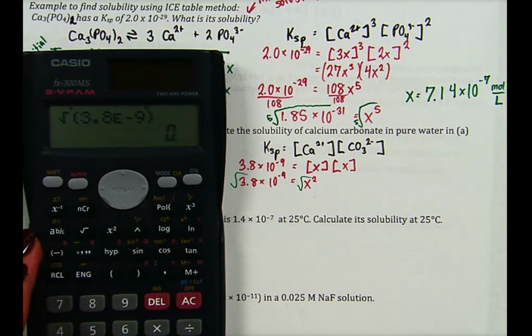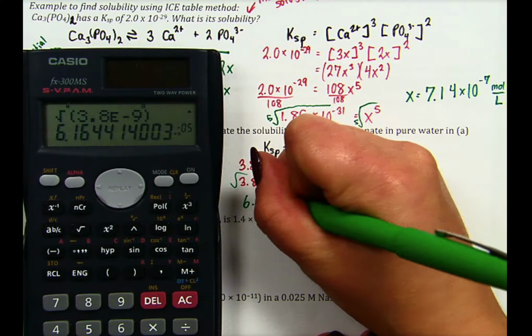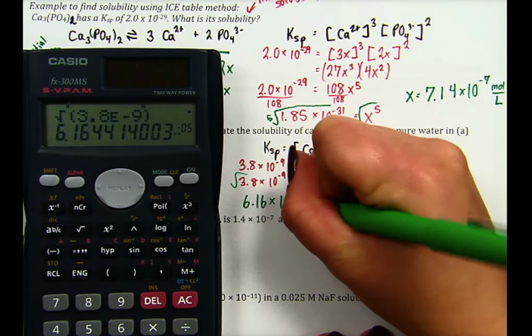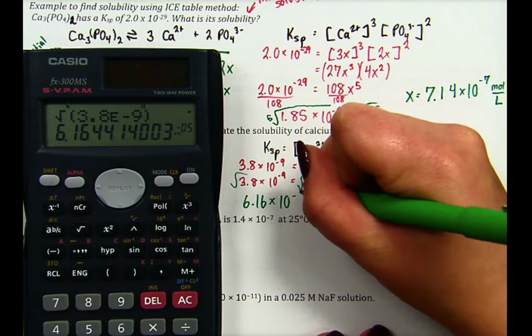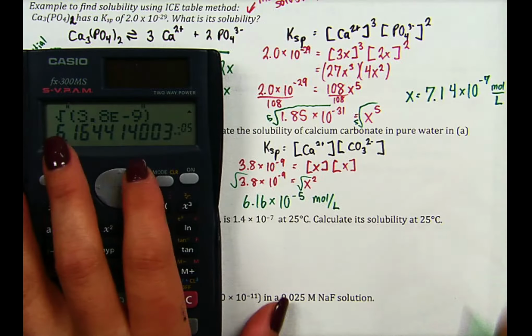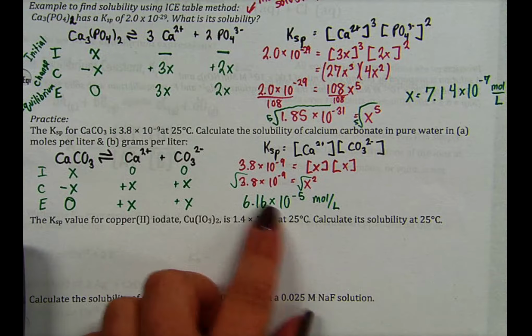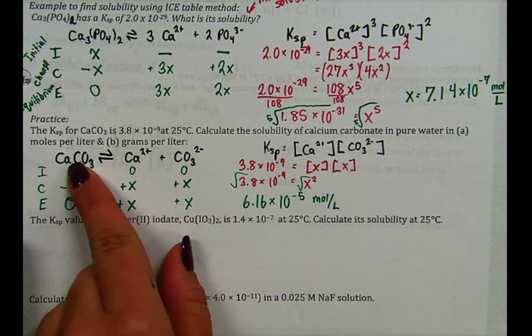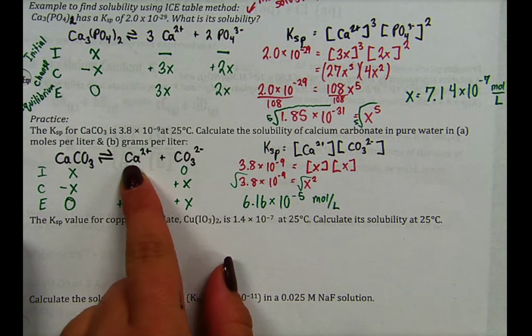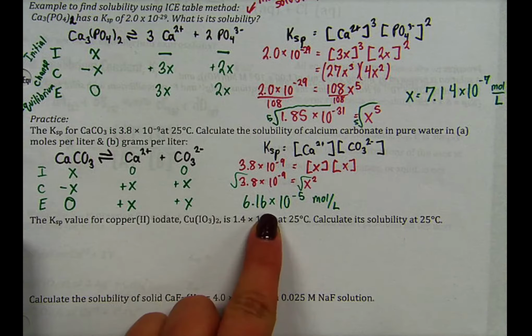So the square root of 3.8 times 10 to the negative 9, we get 6.16 times 10 to the negative 5 moles per liter. So that's how many moles of calcium carbonate will dissolve. That's how many moles of calcium ions we'll have. That's how many moles per liter of calcium carbonate we'll have.